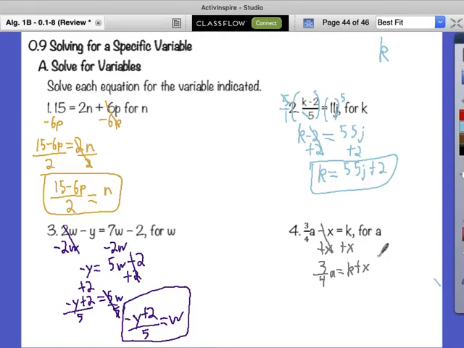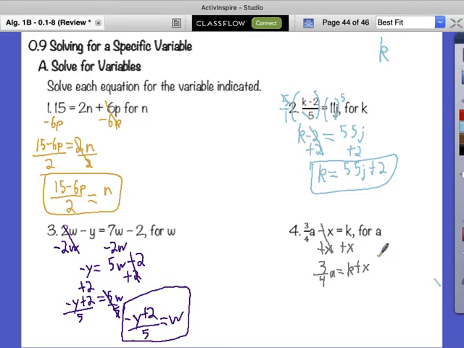Now what do I have to do to get my A by itself? Aiden, what would I do to get my A by itself? You would divide by 3 over 4. Okay, close. I see you're doing division to try and get rid of 3/4. We have to multiply by the reciprocal.